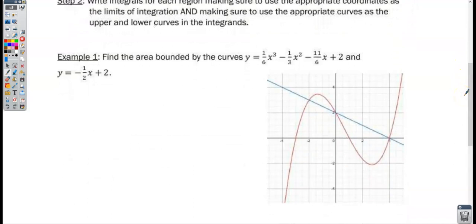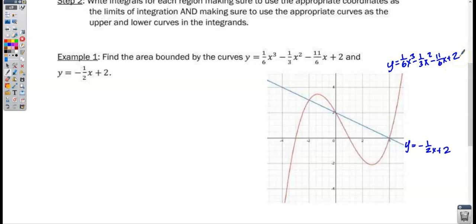Find the area bounded by the curves y equals 1/6 x cubed minus 1/3 x squared minus 11/6 x plus 2, and y equals -1/2 x plus 2. Okay, so if you look at these, this blue line here is y equals -1/2 x plus 2, and this is the cubic curve in red.